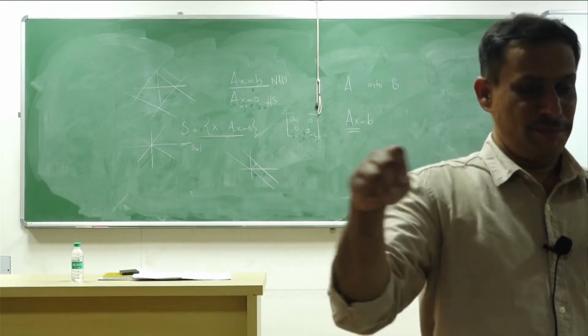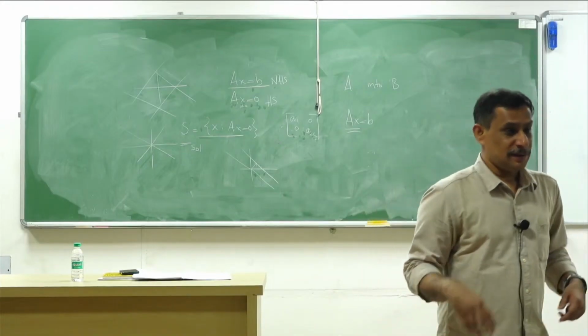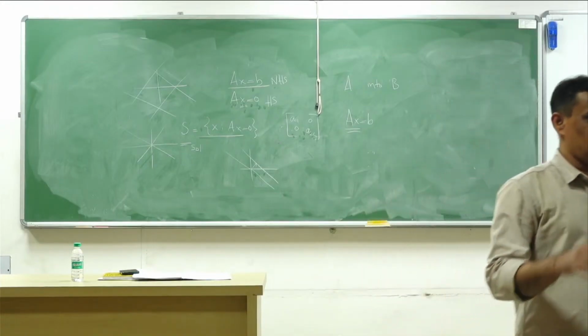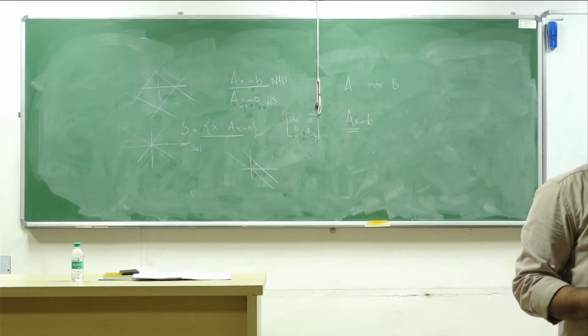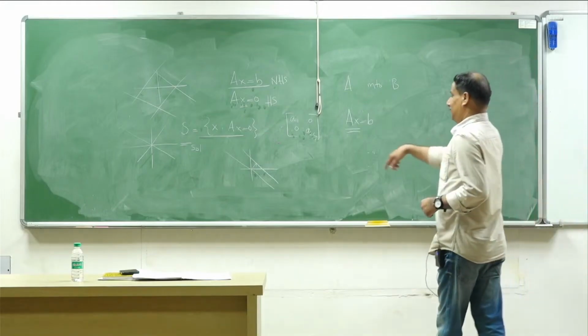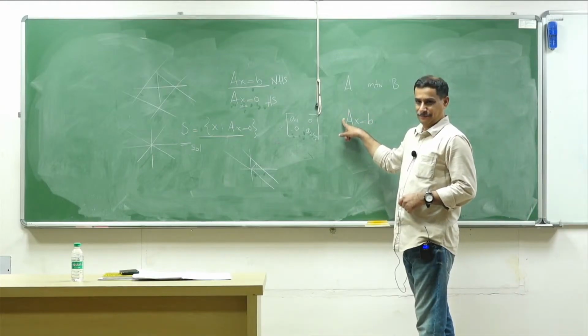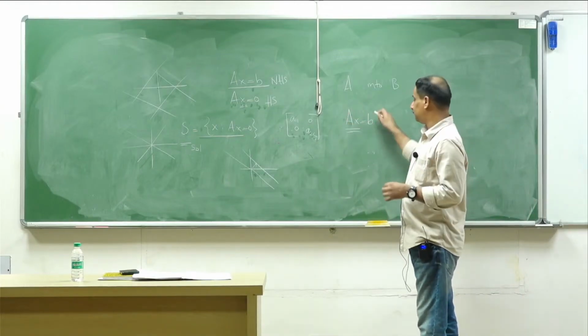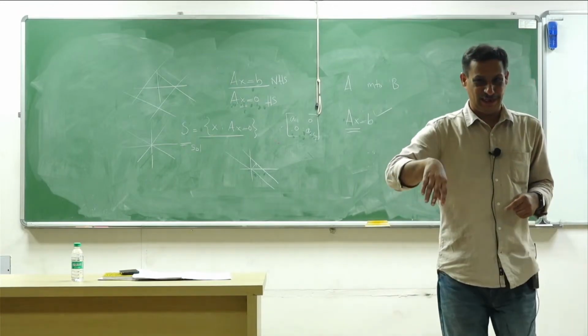Making linear combinations of rows becomes the row space, and making linear combinations of columns becomes the column space. So in particular, it can be shown that if B lies in the column space of A, it has a solution.